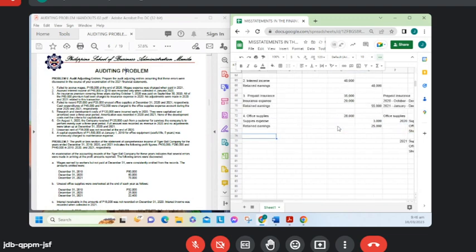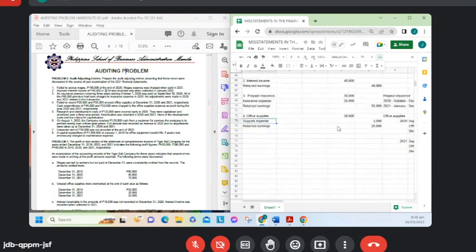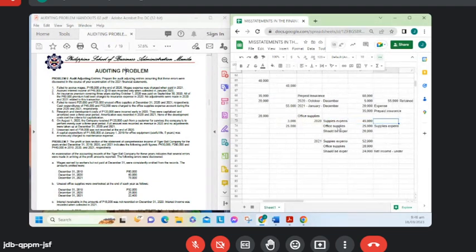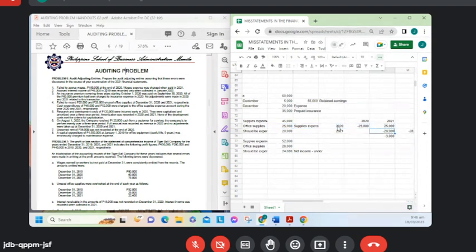Okay. So for this one, the correct amount of office supplies at the end of 2021 is 28,000 supposedly, no? But there's no recorded amount, so we are going to debit that 28,000. And then the office supplies, since it's overstated in 2020 by 25,000 and overstated as well in 2020 by 28,000.